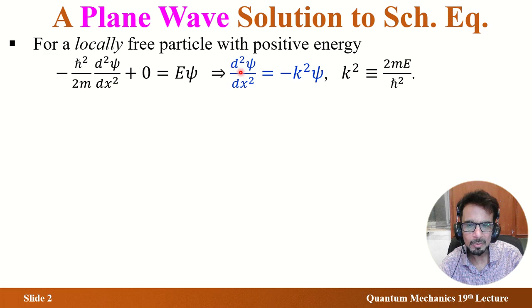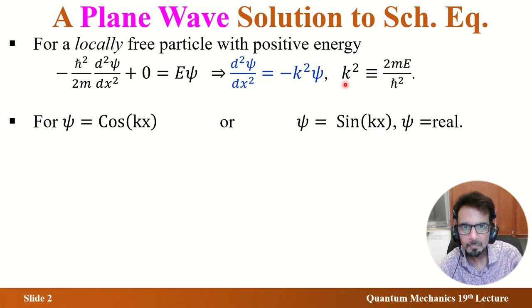On the left hand side you keep only the second derivative, and on the right hand side, whatever you have, you have to think whether it is positive or negative. Because it's negative, I leave the negative separate, and the remaining positive quantity I name k square. I want to keep k as a physical quantity so that its square is positive, and I will tell you later what the significance is, and why it has to be a physical quantity. But for the moment, just take it that its square is positive. That's how it is defined.